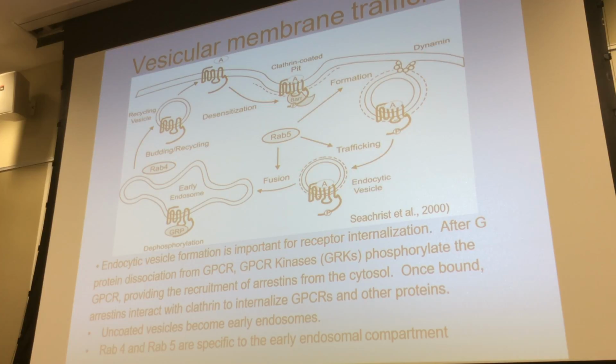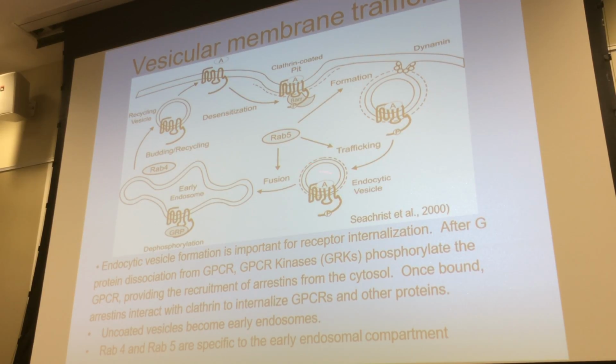Once it gets into the cell, it gets uncoated by an ATPase that removes all this clathrin, and that's where you see other little vesicles that have Rab5 on them binding to this site. So the Rab5 is going to begin in the formation here and then be the hallmark of an endocytic vesicle. Now these endocytic vesicles then have to move and fuse with an early endosome, and that's what the Rab5 does.